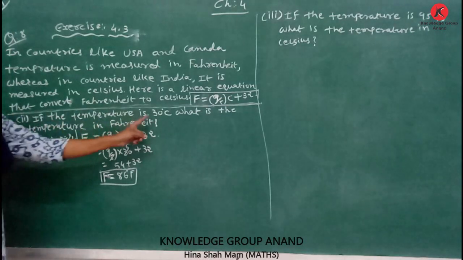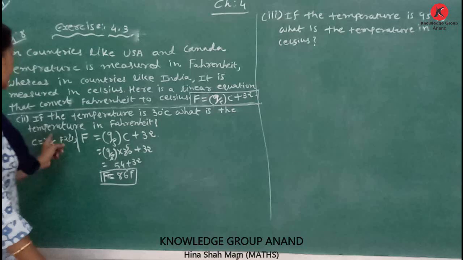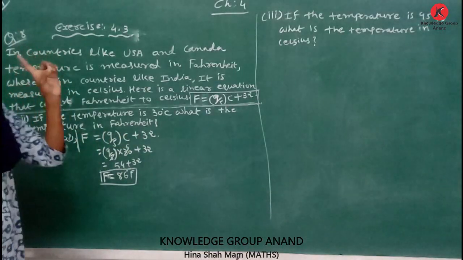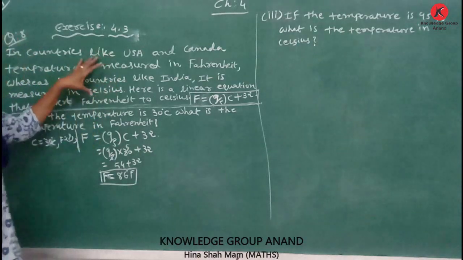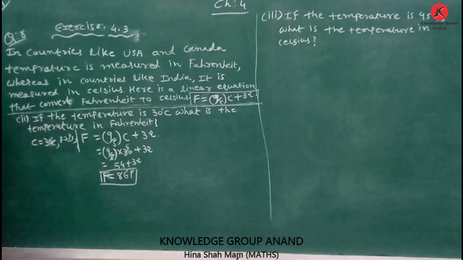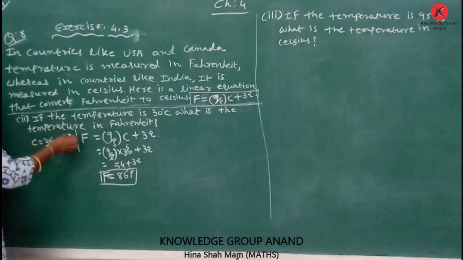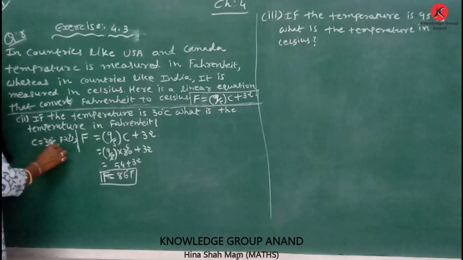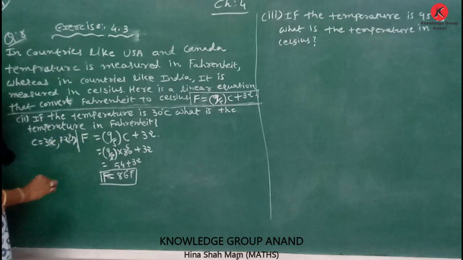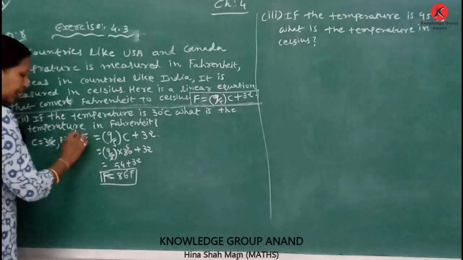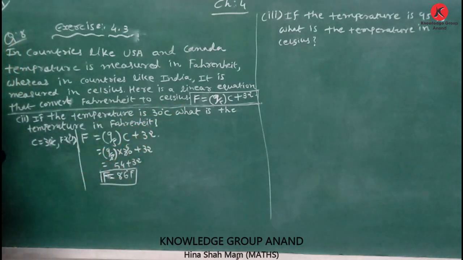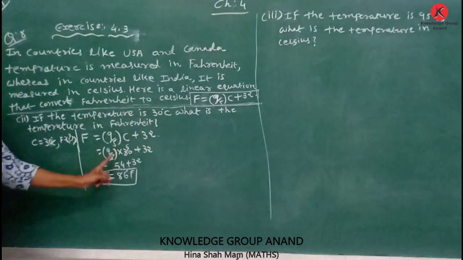Again, if the temperature is 30 degrees Celsius, what is the temperature in Fahrenheit? Here Celsius is equal to 30 degrees Celsius and we find F. We take our formula, our equation, F is equal to 9 by 5 Celsius plus 32.